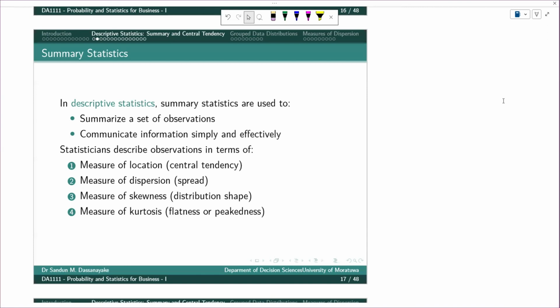In descriptive statistics, summary statistics are used to summarize a set of observations, and this summary can vary. As I said, if you look at Harry Potter, it can be a summary about the movie, it can be a summary about the magic, it can be a summary about the houses.